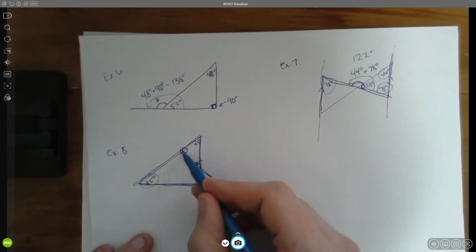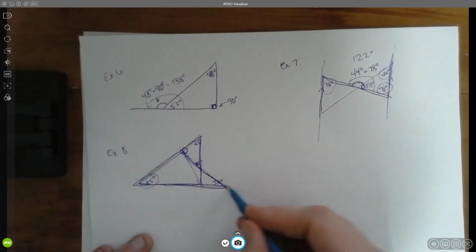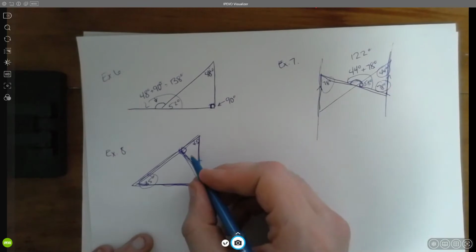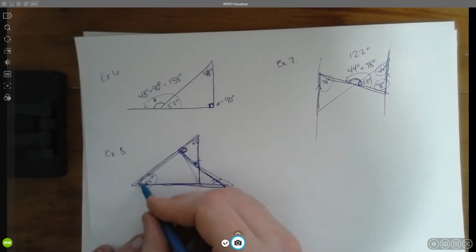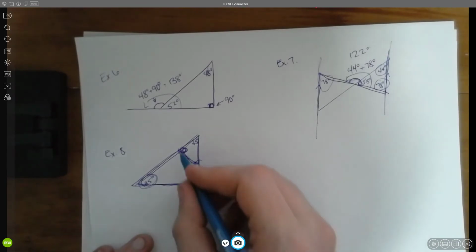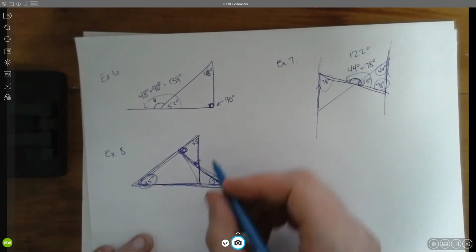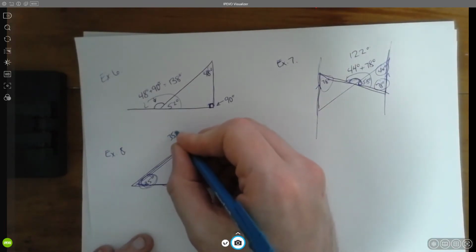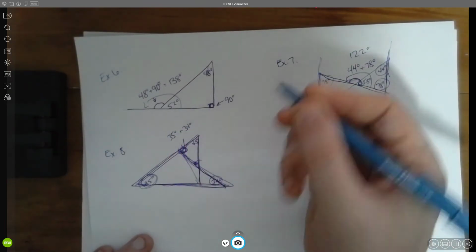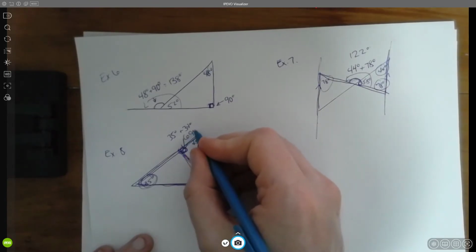So we're basically creating this big triangle here, and we're saying that this inside angle has to be the sum of this and this, because it's the exterior angle there. So this, I know it's not what we're solving yet, is 35 degrees plus 34 degrees, which is 69 degrees there.